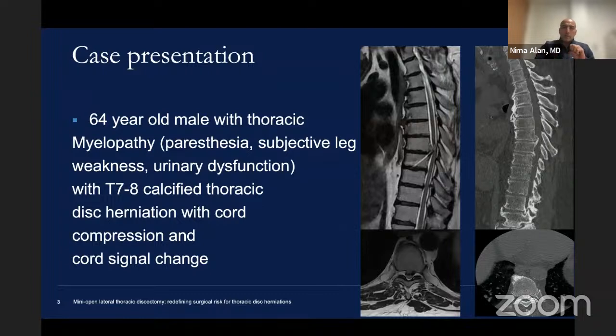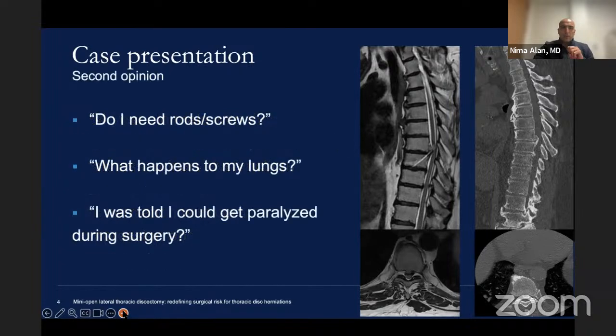And before he saw me, he had seen another surgeon who recommended a posterior approach, the classic posterior approach with thoracic discectomy, lateral extracavitary approach with costotransversectomy, and pedicle screw at the level above and below.